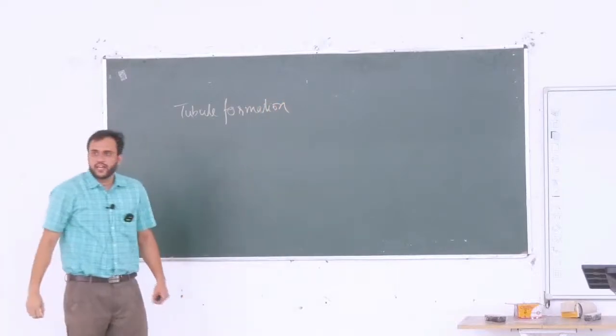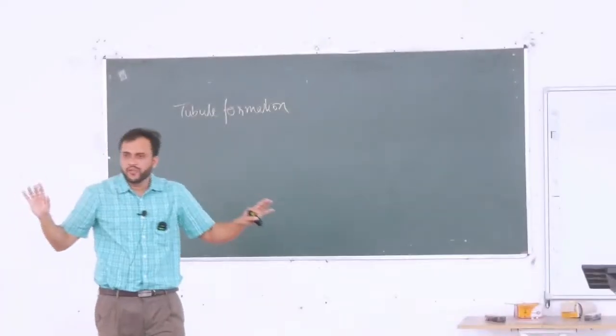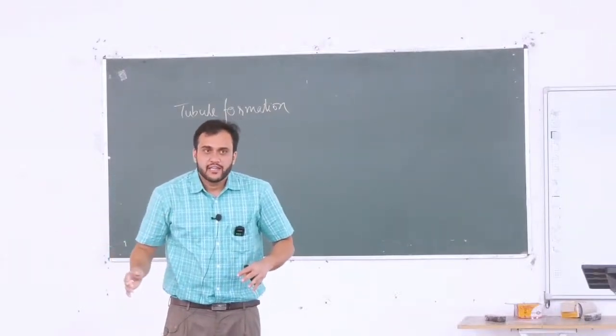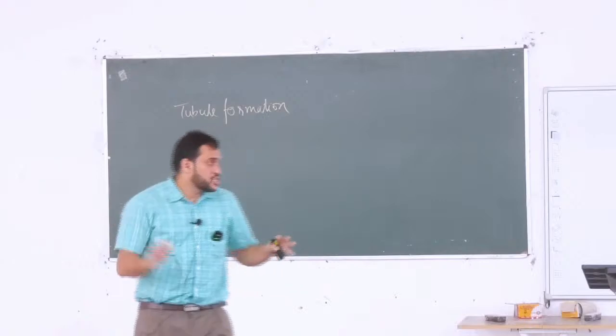So how does a tubule look like? The more the tubular formation is, the better the tumor is differentiated. Why? Because tubules are normal constituents. So this is how tubules look like.